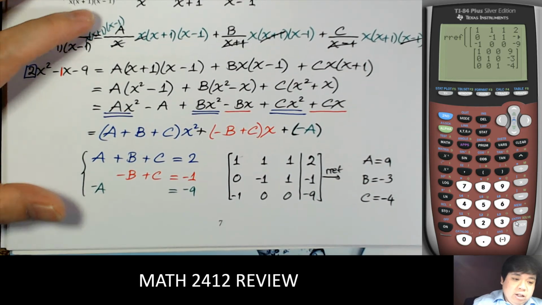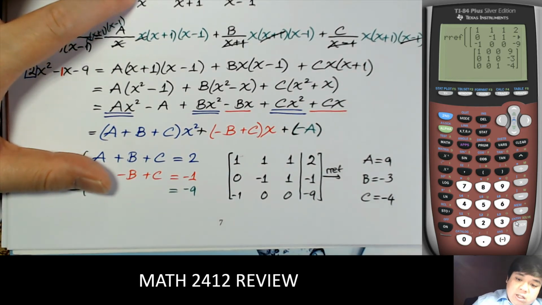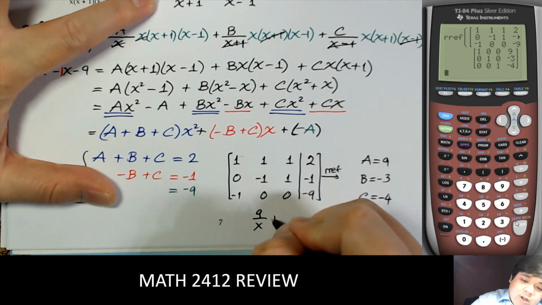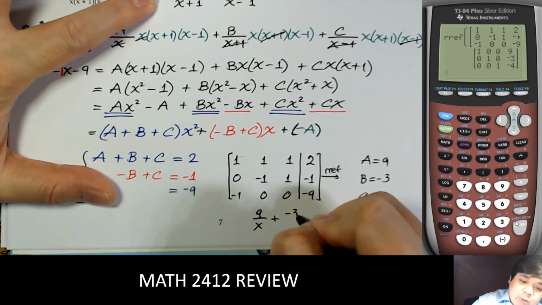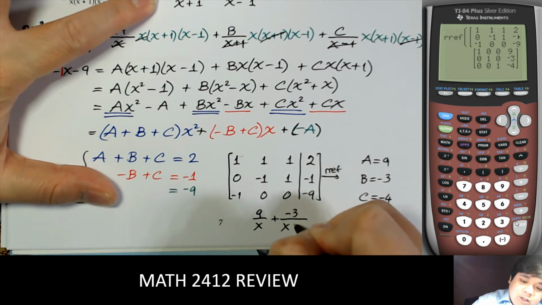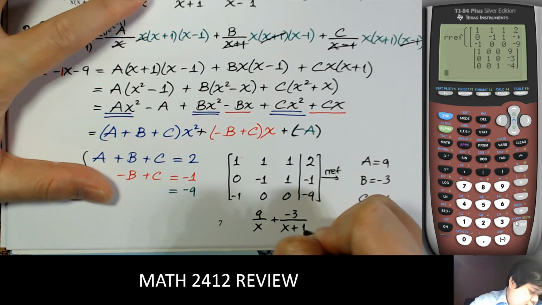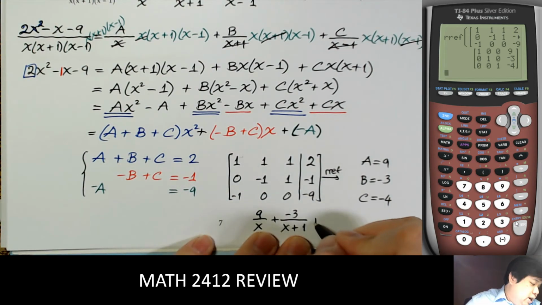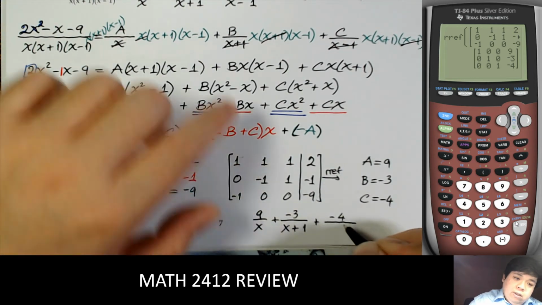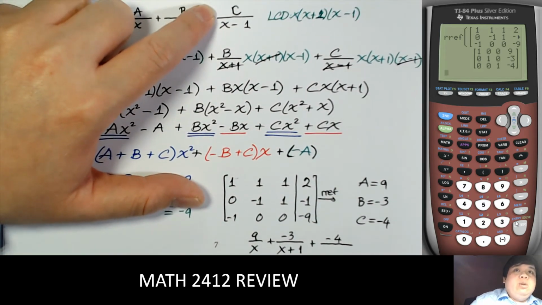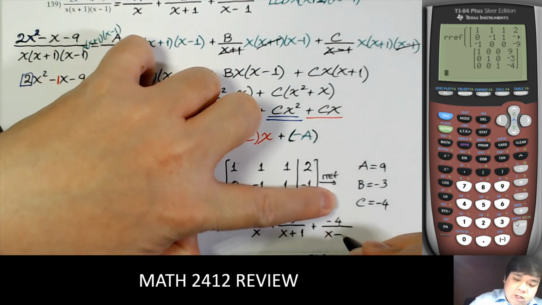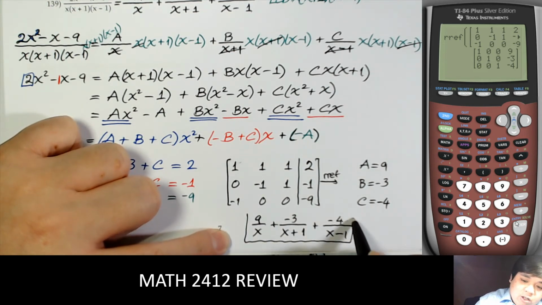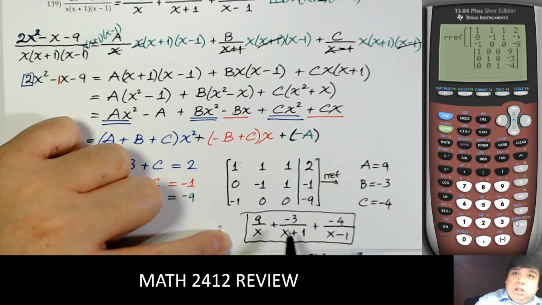We can factor in terms of A, which is 9 over x, plus B, which is negative 3 over x plus 1, and then negative 4 for C, which is over x minus 1. So the original rational function is decomposed into these three.